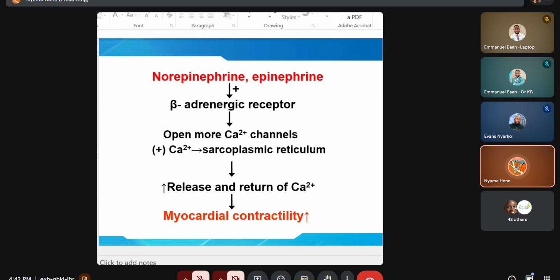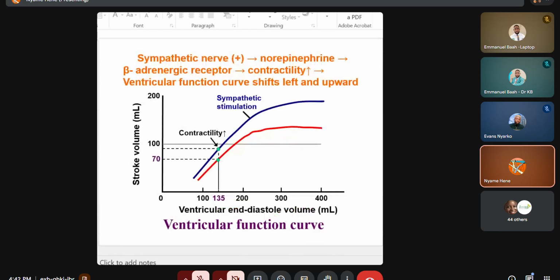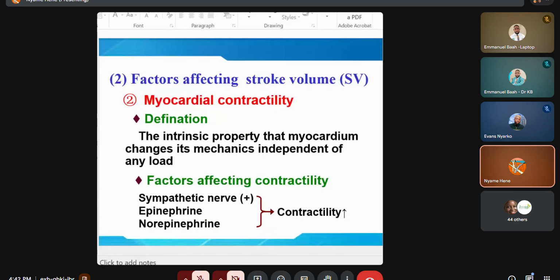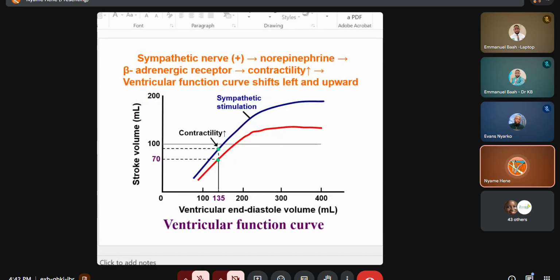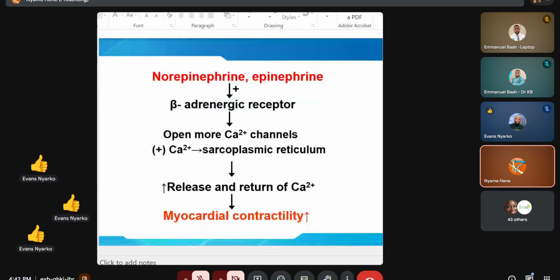They block the calcium channel so that the contractility activity of the calcium on the heart will be impaired. Do you understand? Yes, sir.